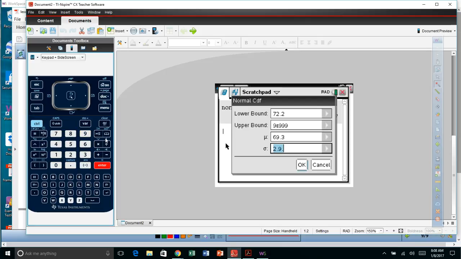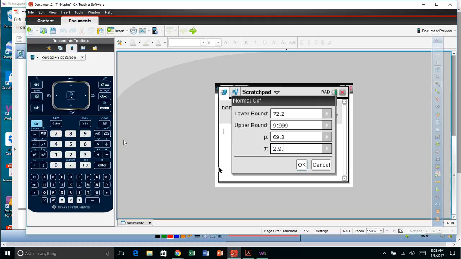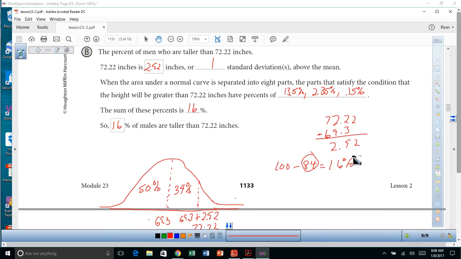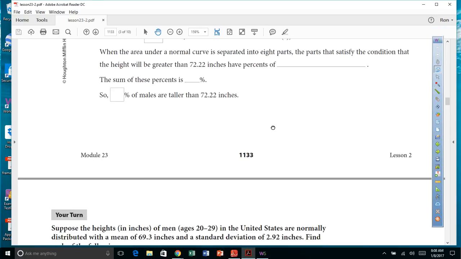Press enter. I don't know how I got that extra dot in there. All right, so that's 15.8%. We would round it to 16. So there is a little bit of rounding in that.